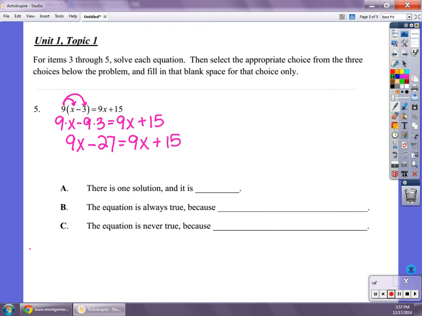So I see that 9x twice. Let's go back, think about those 3 choices that we have, and hopefully we remember that when we end up with the same x terms on each side, different numbers, in this case negative 27 and positive 15, we now know that this equation will never be true.